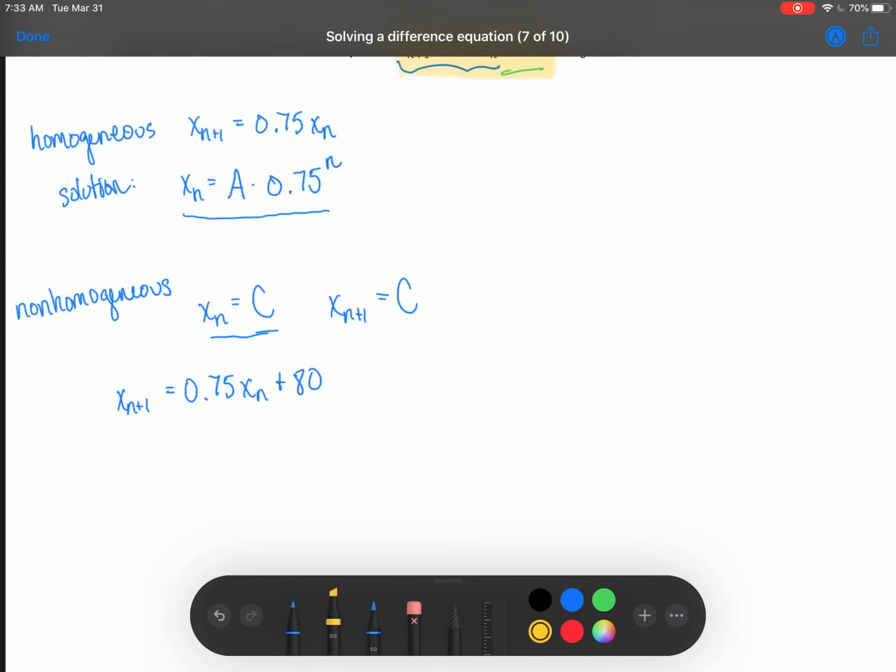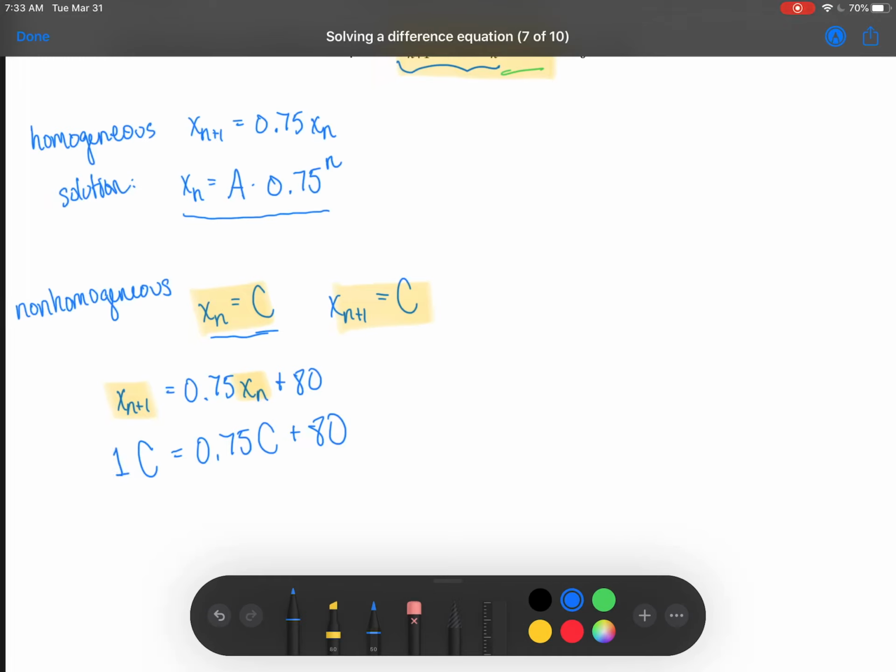All right, now we're going to take x sub n plus 1 equals c, plug it in right here. X sub n equals c, plug it in right here. So we have c equals 0.75 c plus 80. So again, when I said it looks like finding the equilibrium level, hopefully you see that now.